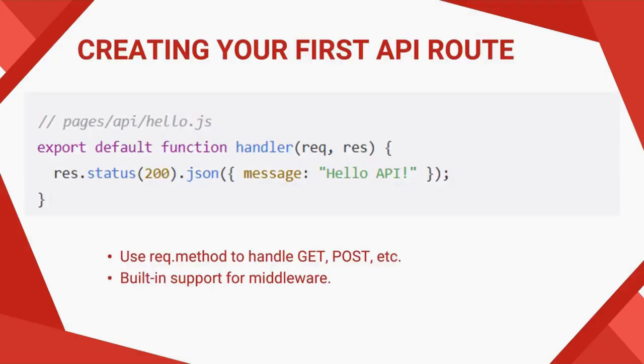Creating your first API route. This file will become an API endpoint. Suppose localhost:3000/api/hello.